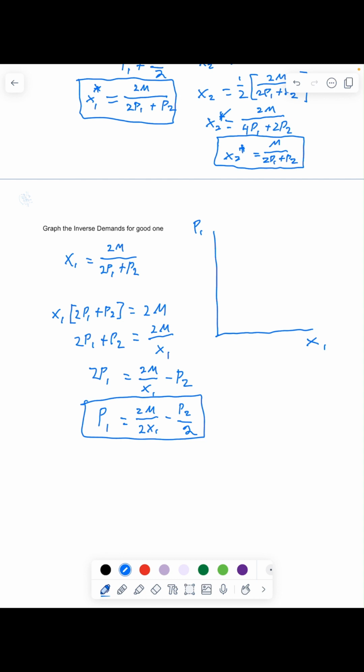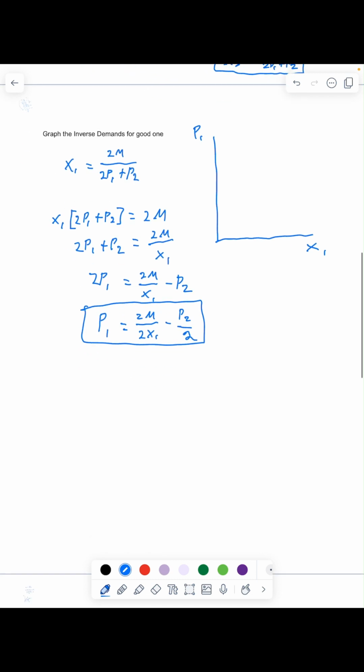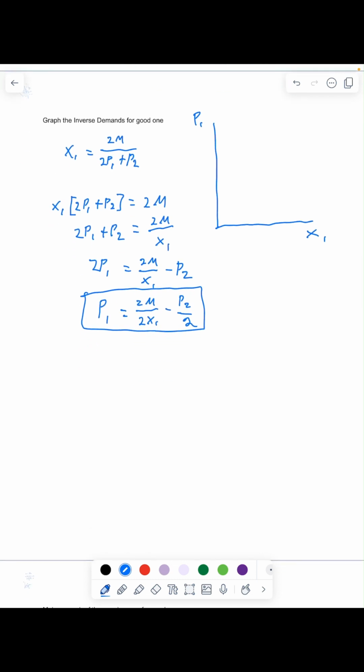One thing that you will notice here is that we actually have a transformation of minus p2 over 2, which is going to shift the graph, which is why we do have an intersection point on the x-axis somewhere, which is the important thing for us to note. If there's a point on the x-axis, that means that P1 is equal to 0. So we just need to find what x1 is when P1 equals 0.